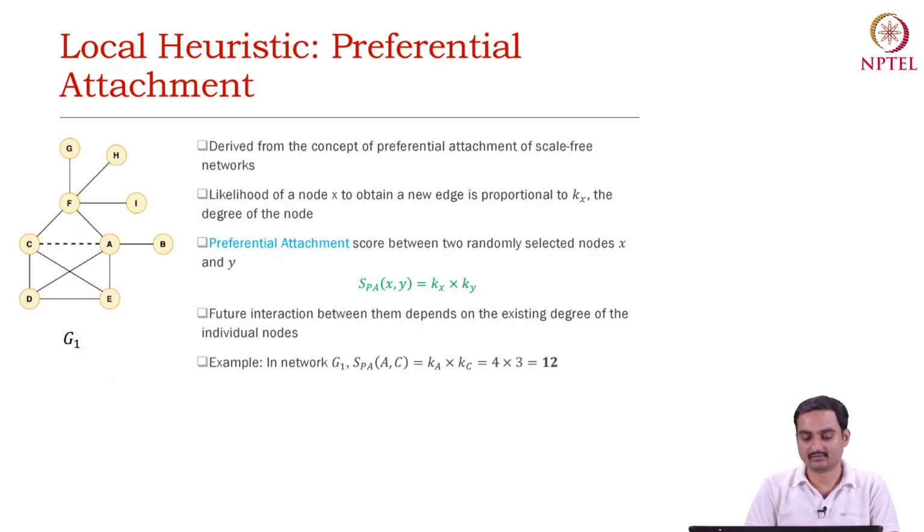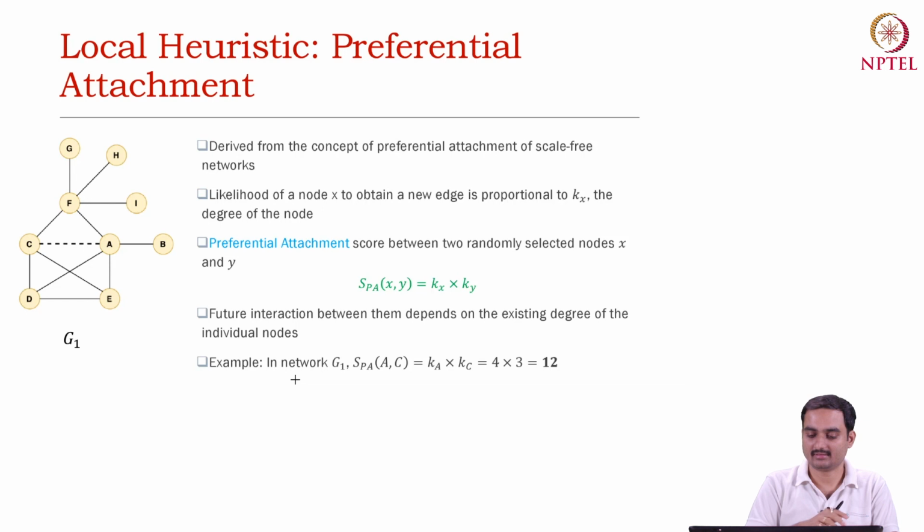The next one is called preferential attachment. Preferential attachment is something that we already discussed in the network growth model chapter. The philosophy behind preferential attachment is that a node will get connected to a node based on its degree.